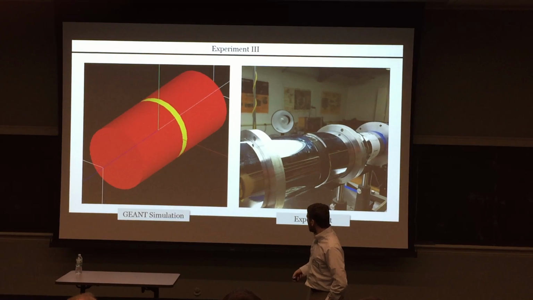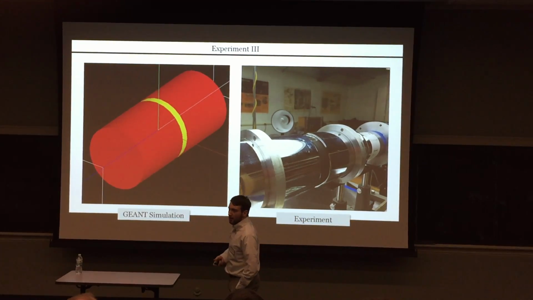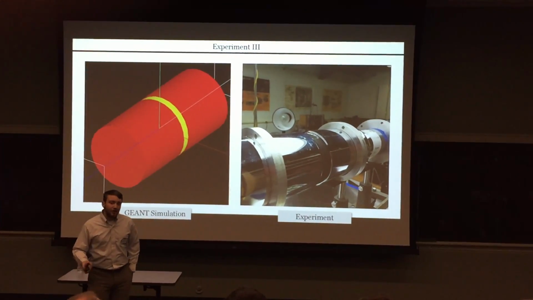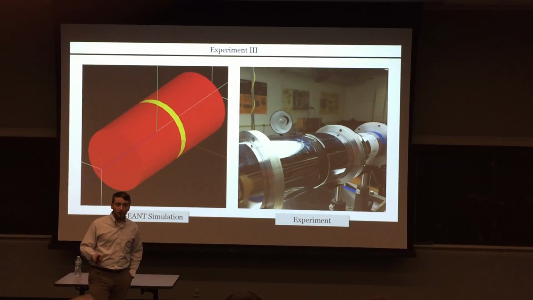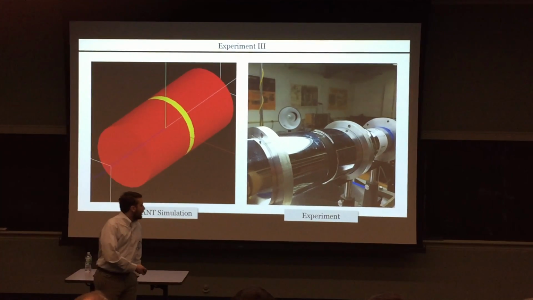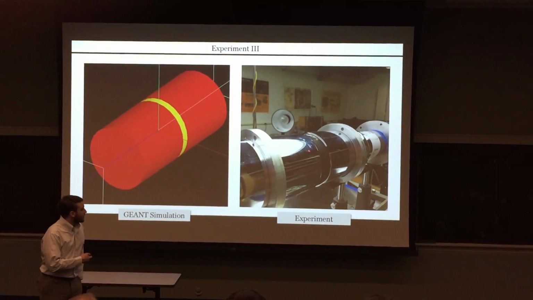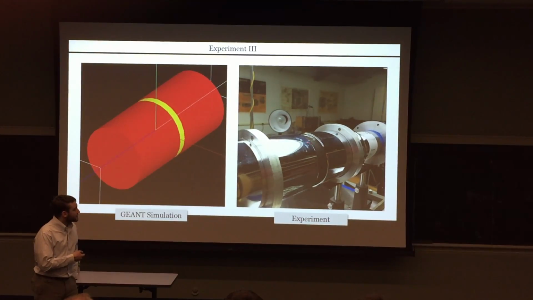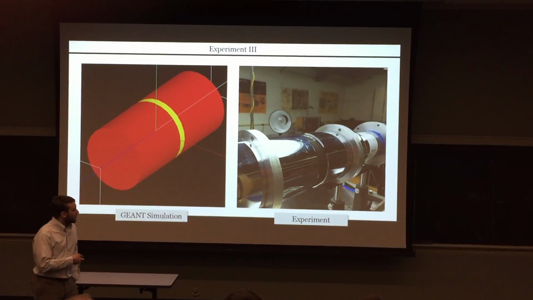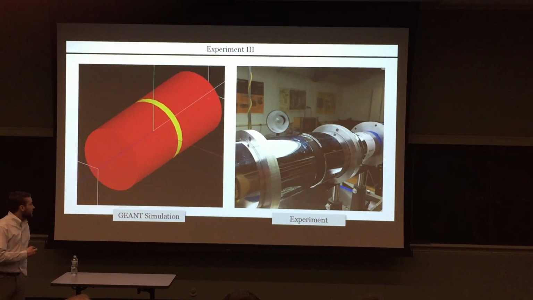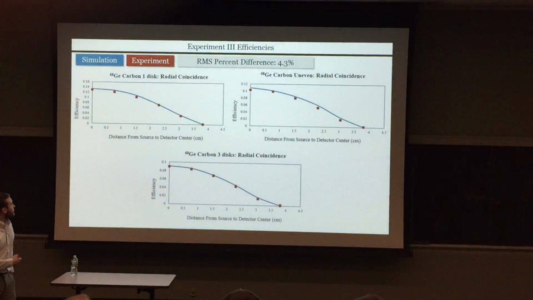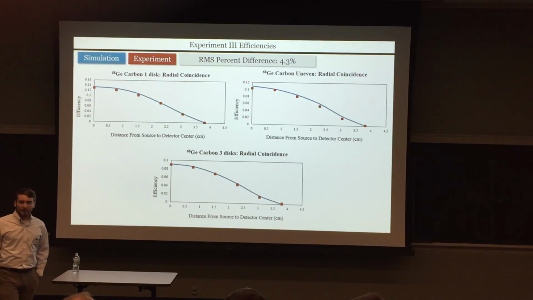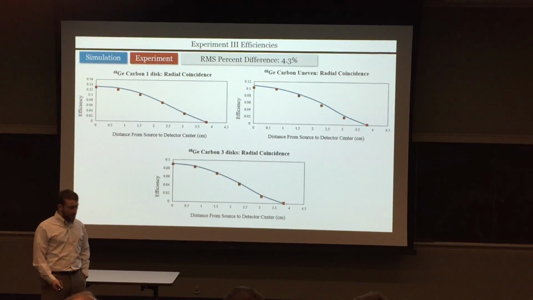Then for experiment 3, we wanted to include the effects where gamma rays could scatter off the electrons in the carbon disks. So we sandwiched our germanium-68 source between these carbon disks and simulated that in GEANT. In this first experiment, we had one thin disk of carbon on either side of the germanium source.